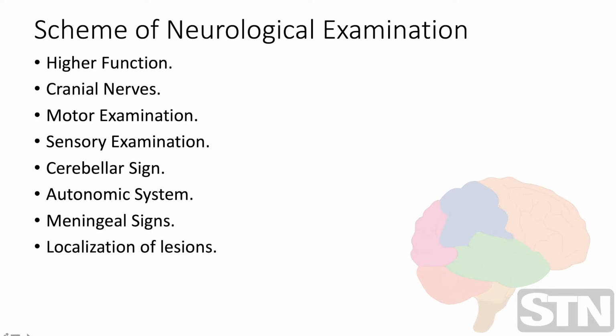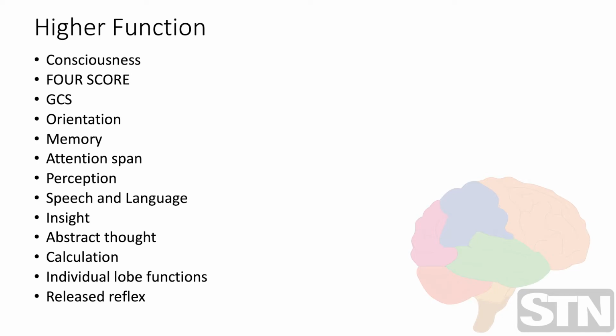I'll be making an individual video on each part of the scheme of neurological examination as we go ahead. The higher function examination includes the level of consciousness. Firstly, what level of consciousness of patients we are expecting and how to differentiate between a brain dead, a comatose and a vegetative state person.